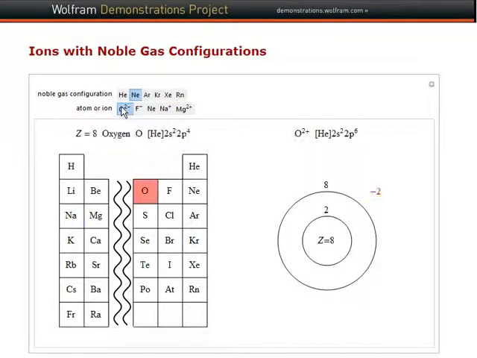Okay. Let's look at the oxide anion. Oxygen has an atomic number of 8, so it must have 8 electrons. So it must gain 2 electrons to reach the neon configuration, or lose 6 electrons to reach the helium configuration. Clearly, the second seems to be a ridiculous thing to do, because remember, energy is required to break bonds and energy is released to form bonds.